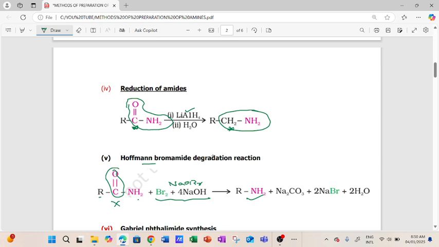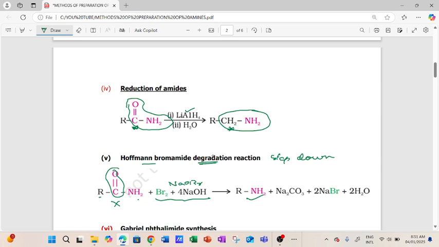In this reaction, the product has one carbon less than the reactant. The product is RNH2 but the reactant is RCONH2. Since the product has one carbon less than the reactant, it is called a degradation reaction or step down reaction, a one carbon decrease reaction.